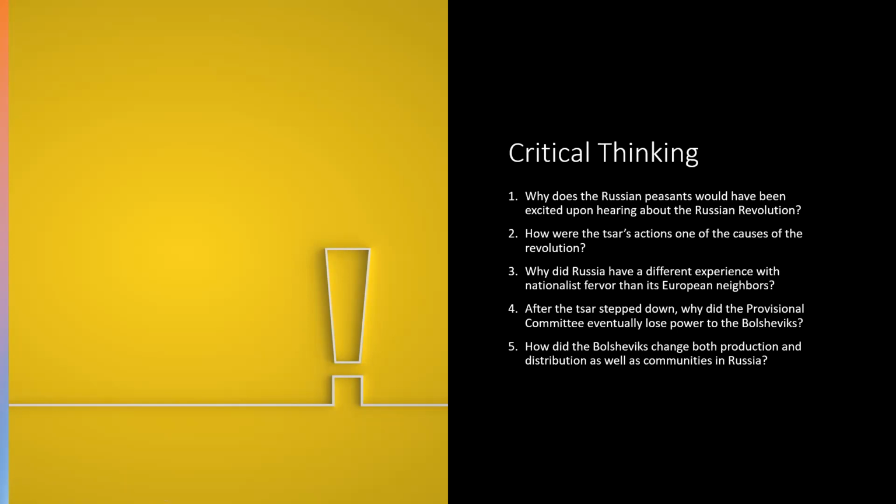Now, why did this provisional committee, which was set up temporarily, lose power? Because they could not solve Russians' problems, so it soon became unpopular, and that's why they lost power to the Bolsheviks.